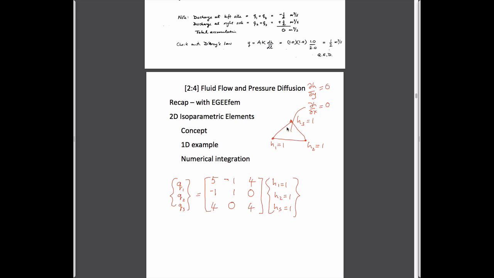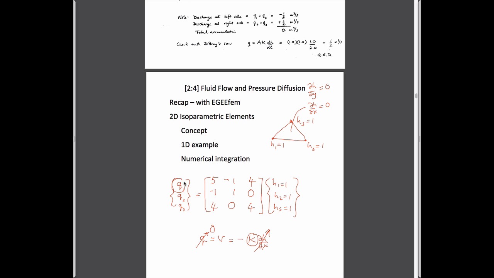Head at node 1, head at node 2, head at node 3, dead flat. Gradient has to be 0. And so what does Darcy's law tell us? It tells us that the flow rate or the velocity is equal to minus k dh dx. If this is 0 and this is finite, then by definition this has to be 0.